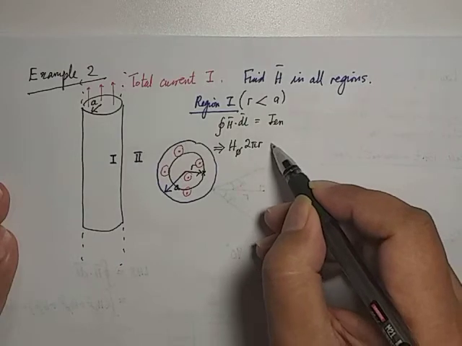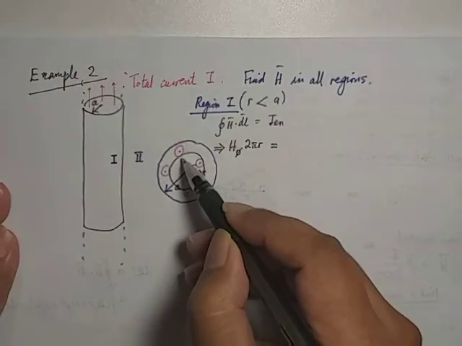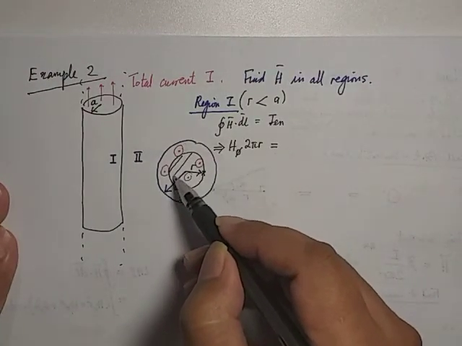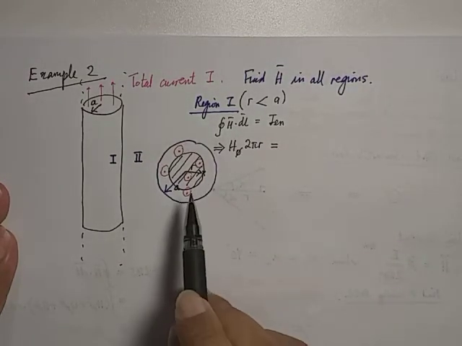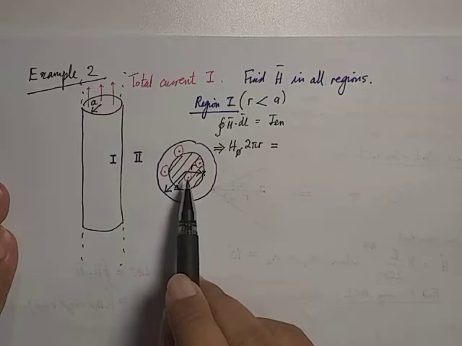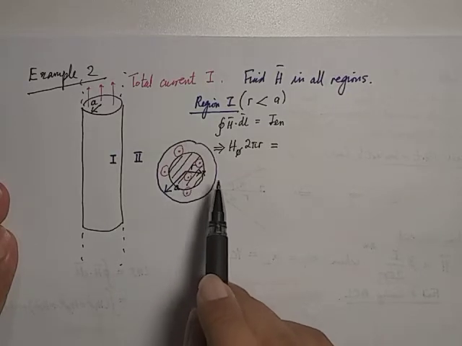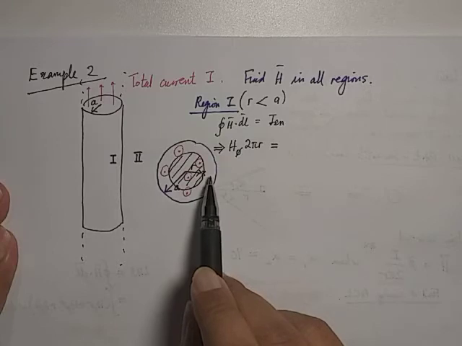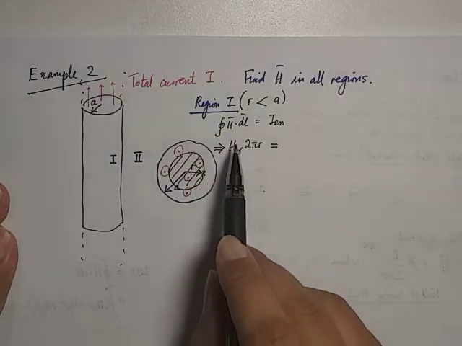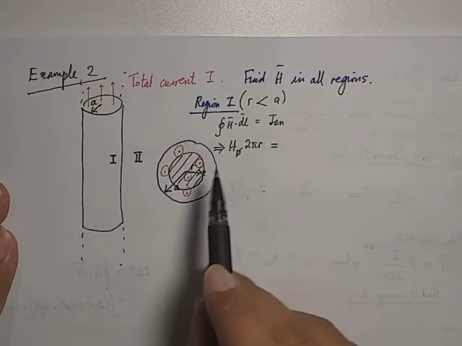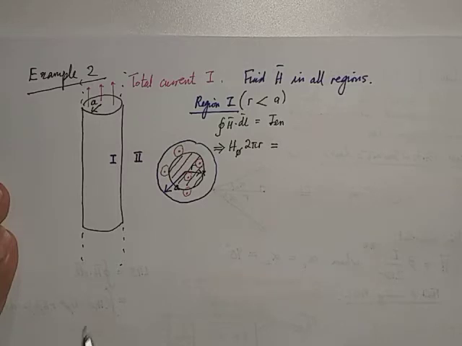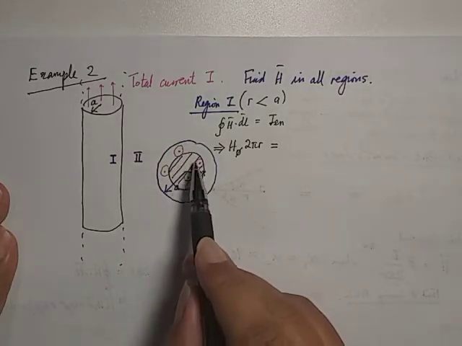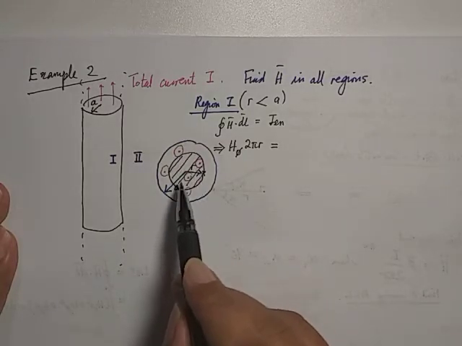To determine I enclosed, I have to decide the current confined by the loop, which is my shaded black area. That is going to be my I enclosed. Even though we know that there's current flowing in this other region, we should not consider it in our calculation, because the law states that the current must be enclosed by the loop. I want to calculate the current in this black shaded region.